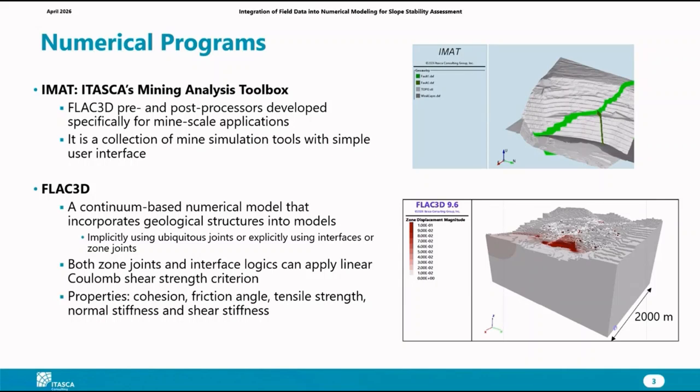In terms of material behavior, both zone joints and interfaces follow a linear Coulomb shear strength criterion. That means that the model is governed by parameters such as cohesion, friction angle, tensile strength, as well as normal and shear stiffnesses. Through model calibration, we often adjust these parameters to be able to match modeling results with field observation.